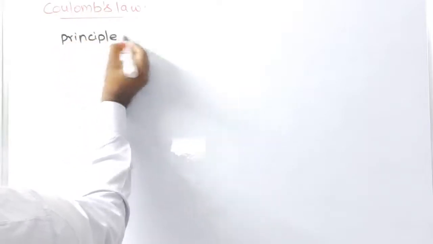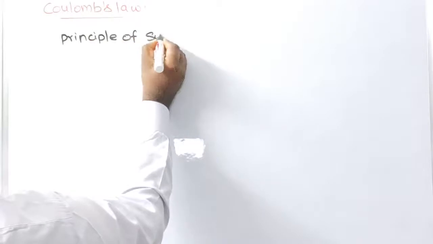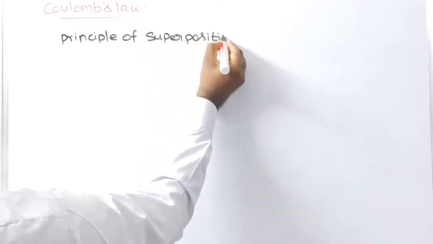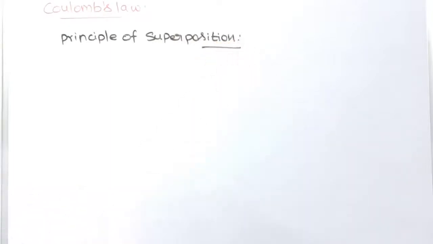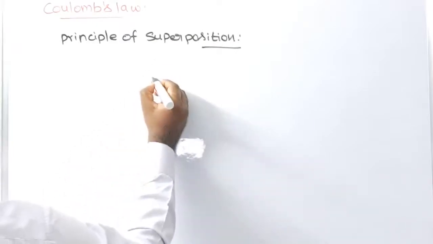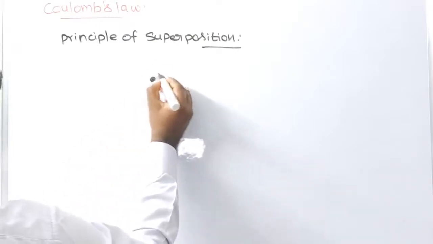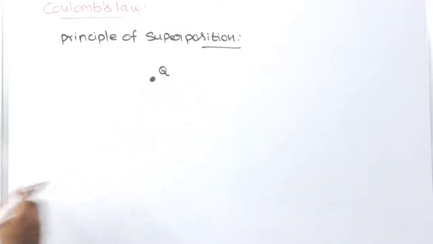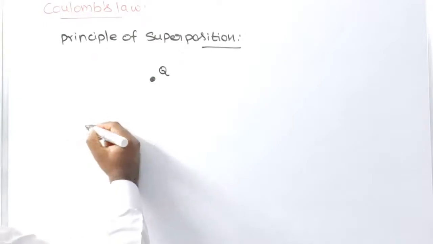Q is the given charge. The total force acting on a given charge due to a number of charges is the vector sum.